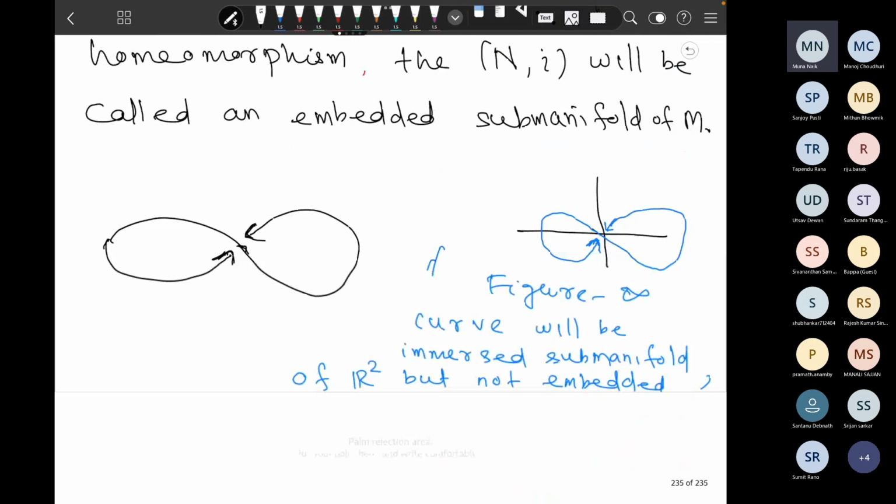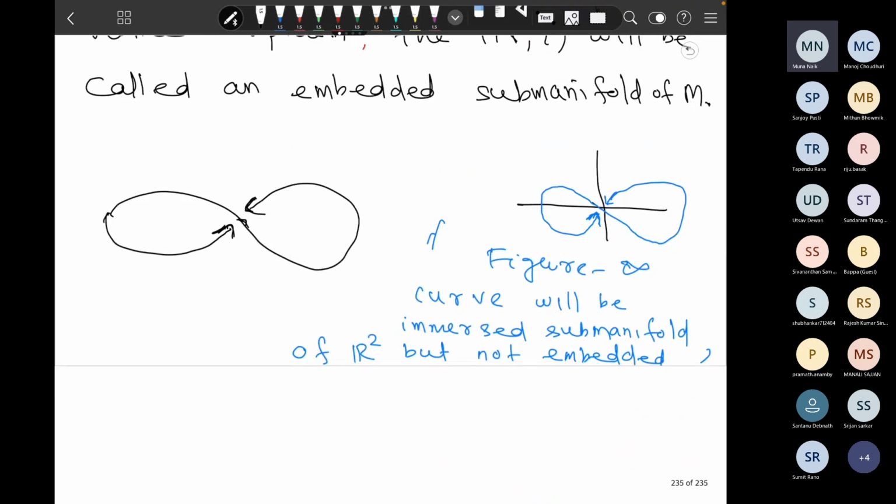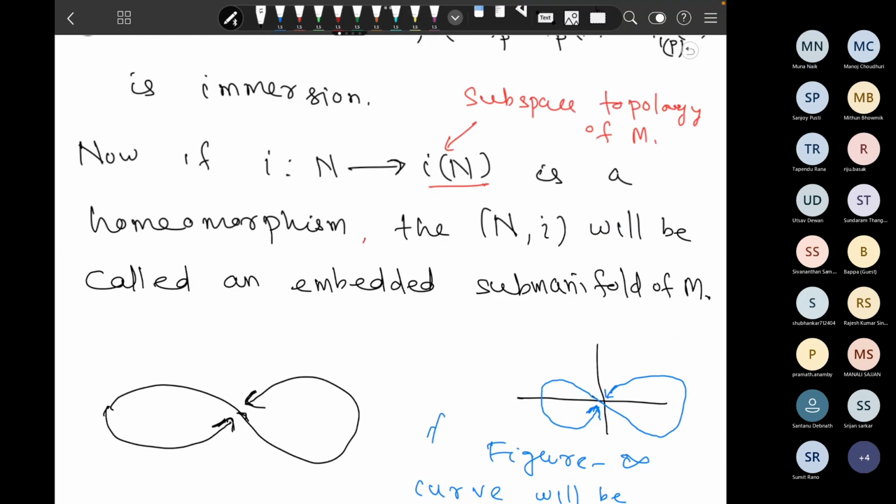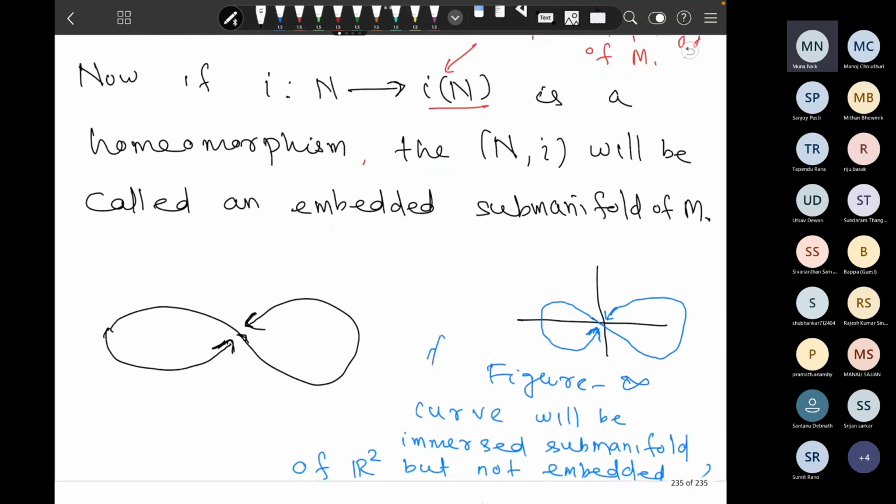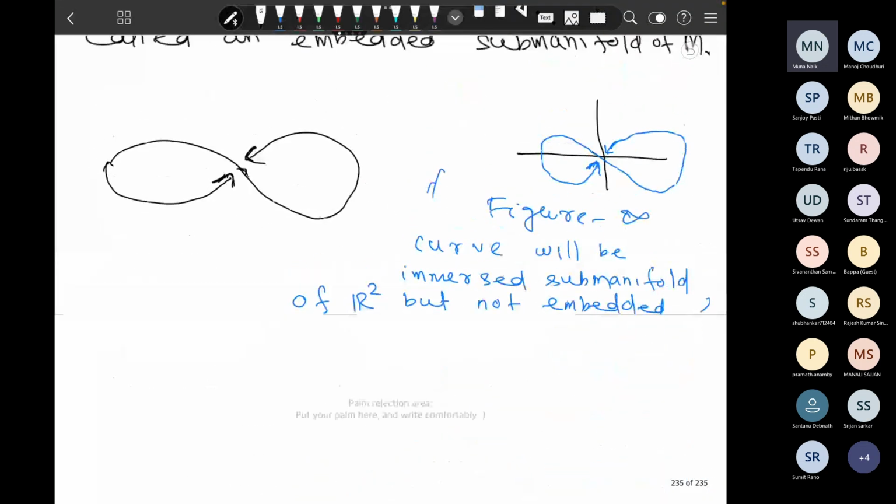So these are very interesting. The same holds for Lie subgroups: these are also immersed submanifolds, not necessarily embedded submanifolds.